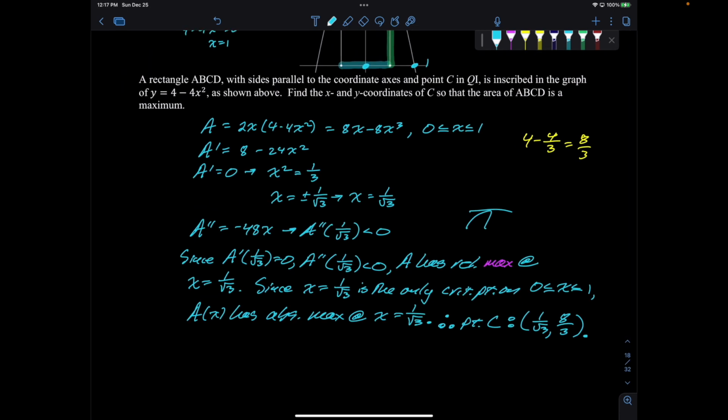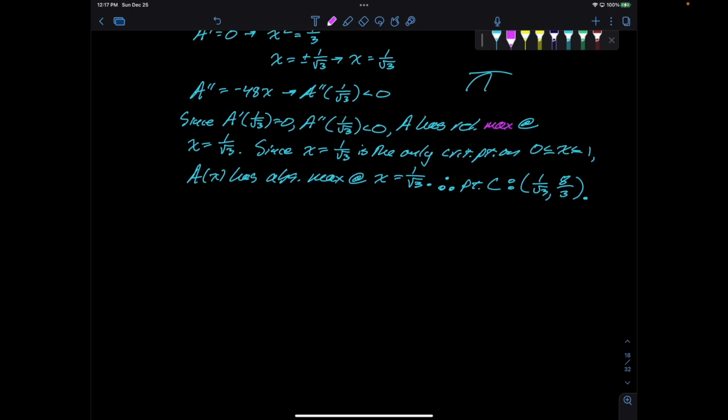Okay, an alternative approach would be to say, A of x is continuous, therefore absolute max at endpoint or critical point.